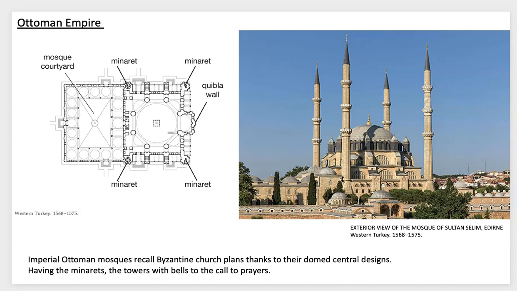And so here you're seeing in the Ottoman Empire a mosque for the Sultan Selim, and this is in Western Turkey, and you're still seeing a lot of the same influences from those traditions that were created 500-600 years before this particular mosque was built.